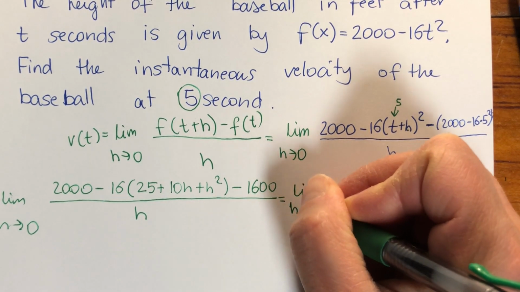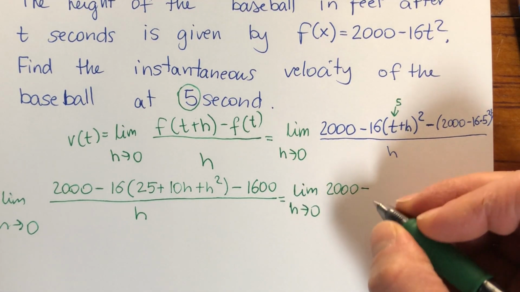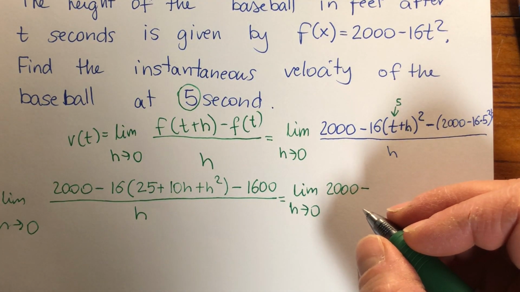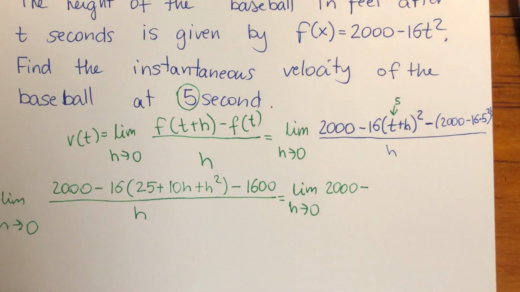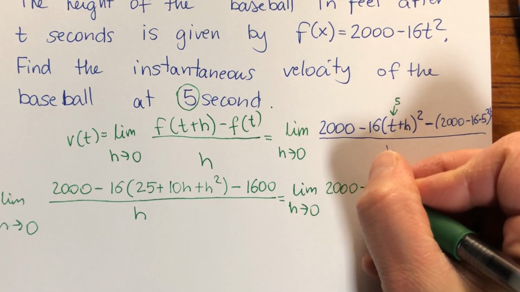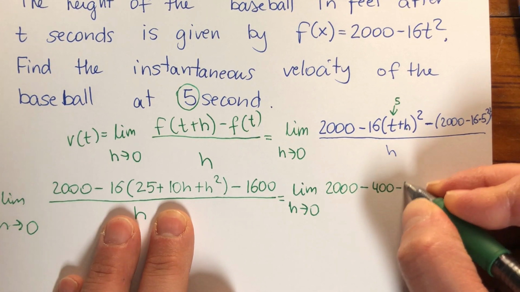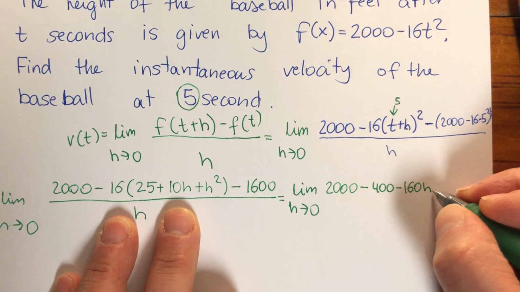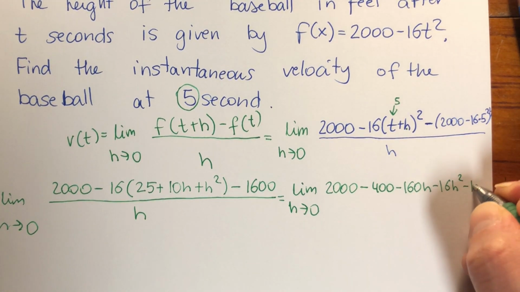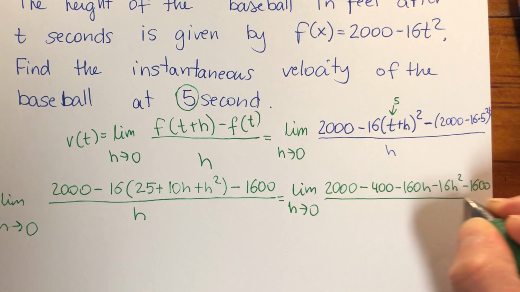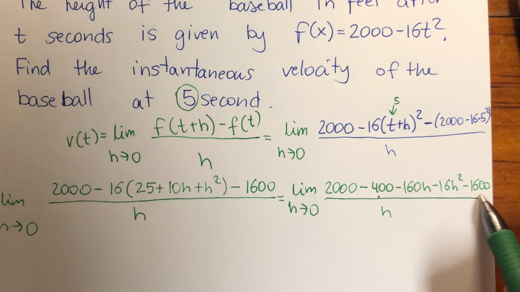Limit as h approaches 0, 2000 minus 16 times 25 was 400, minus 160h minus 16h squared and minus 1600, divided by h. 2000 minus 400 is 1600 minus 1600.